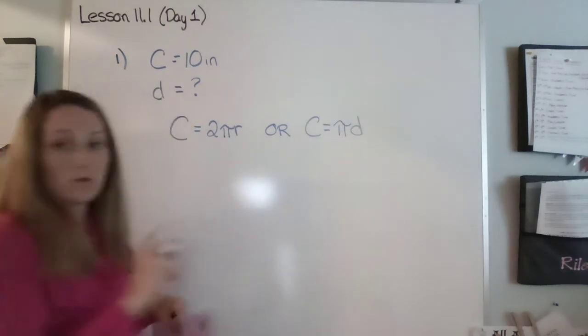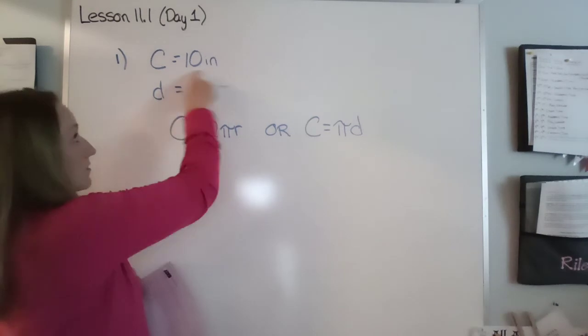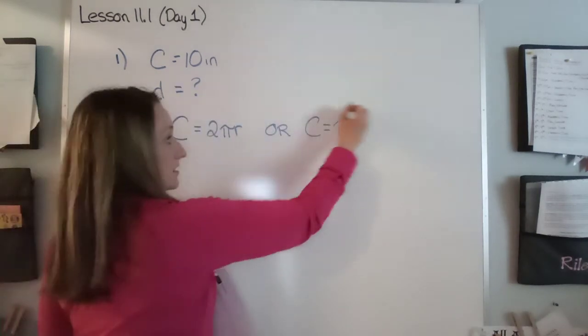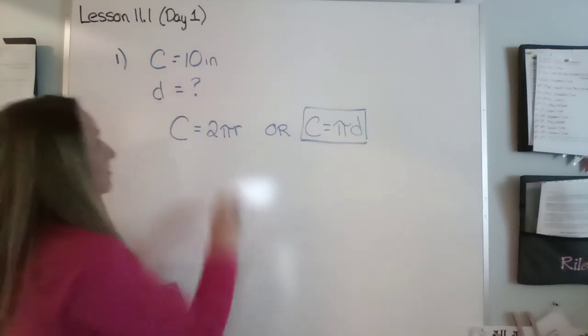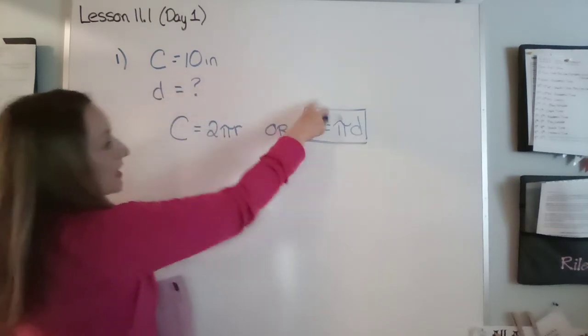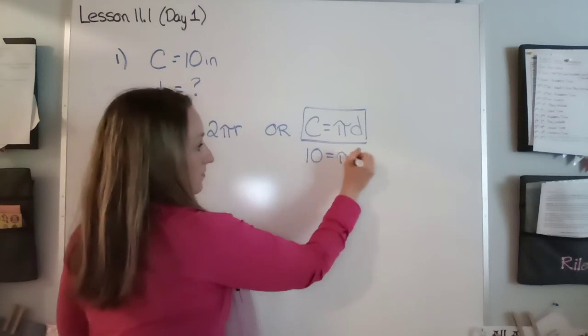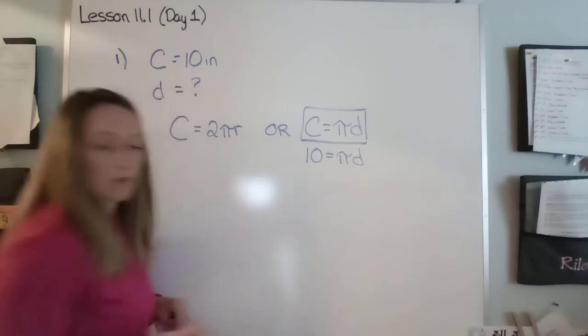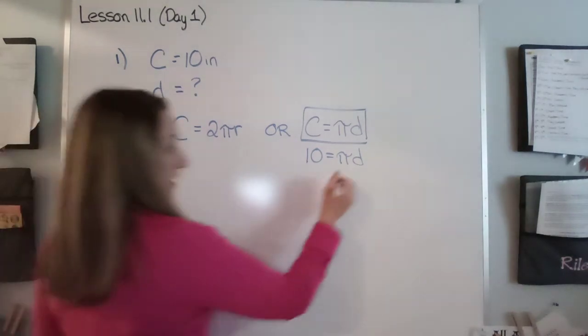You can use either one of those formulas. However, since I'm trying to solve for the diameter, I'm going to focus on this one here. Substitute in what you know: circumference is 10, so I substitute that in for C. That leaves you with an equation where you can solve for the diameter. I'm going to divide both sides by pi.